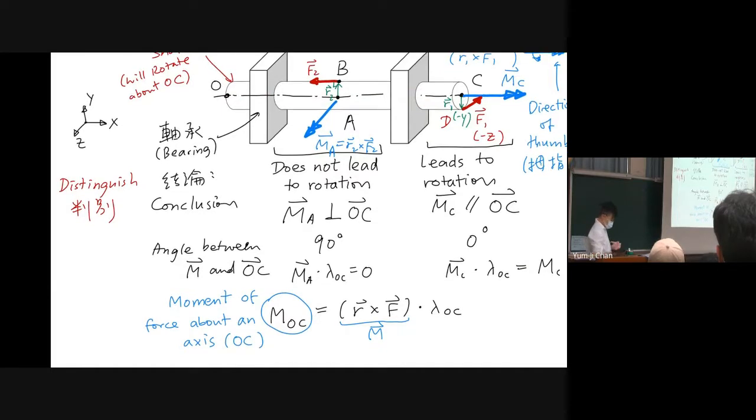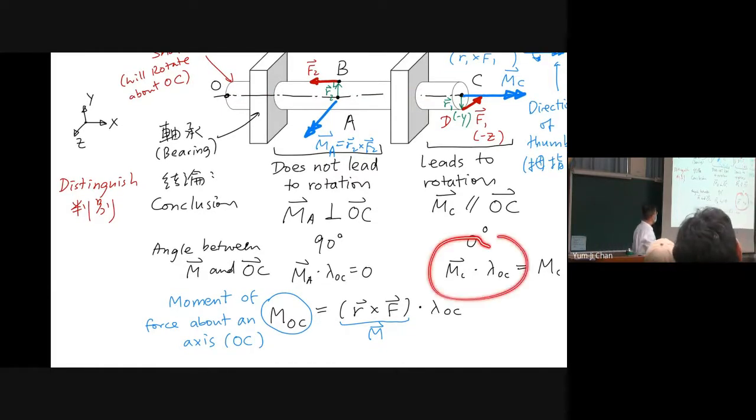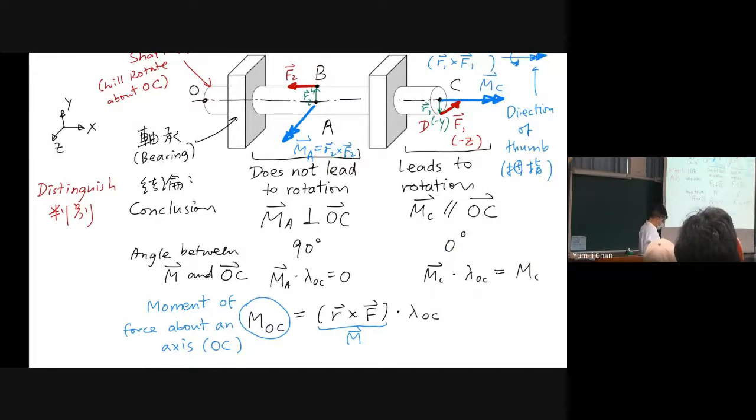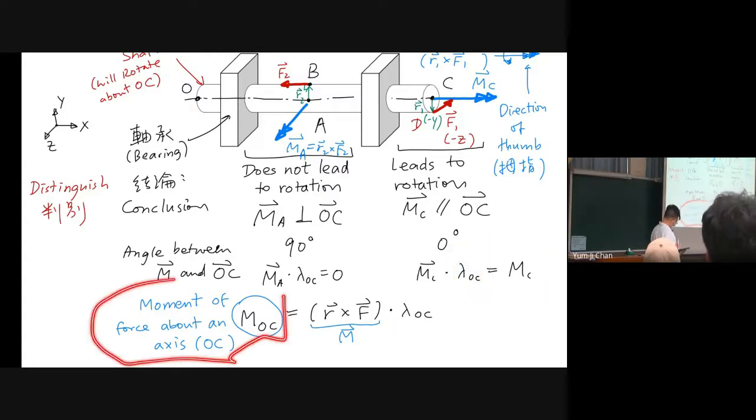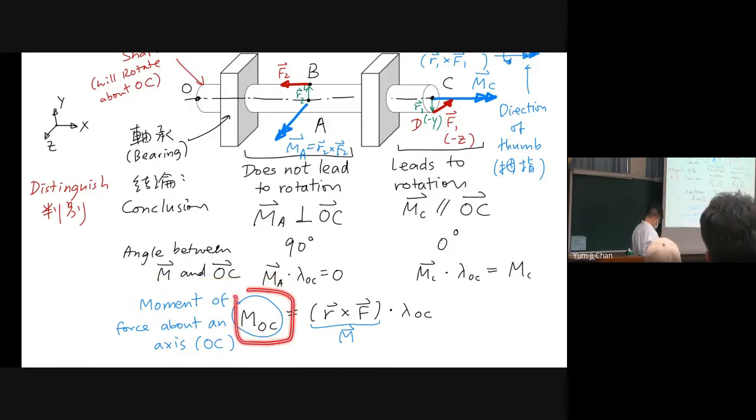For this dot product, we will get a scalar, for example MC here. Because we are doing it with OC, we are calling this the moment of a force about an axis OC.